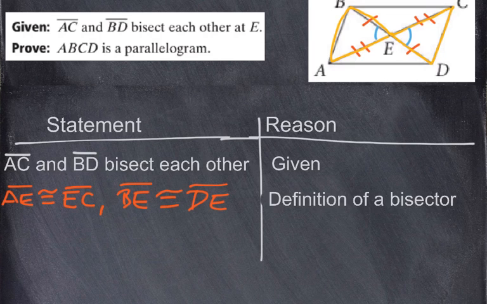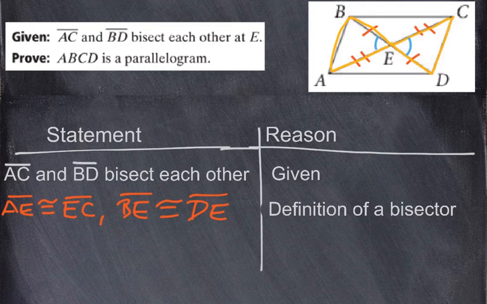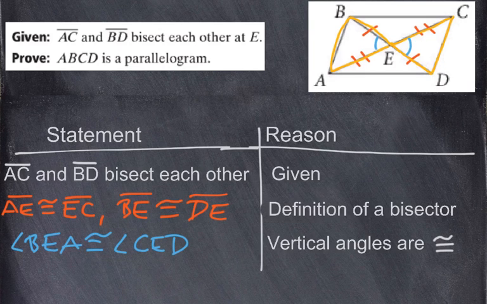So we can say that angle BEA is congruent to angle CED. And why is that? Because vertical angles are congruent. Now from there, we can say that those two triangles are congruent to each other.